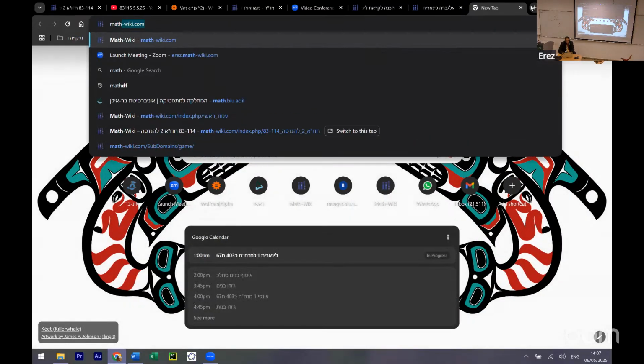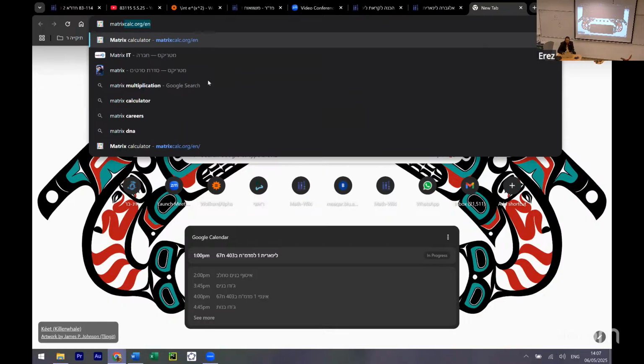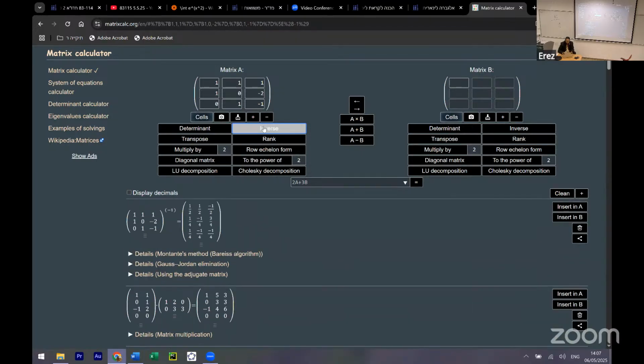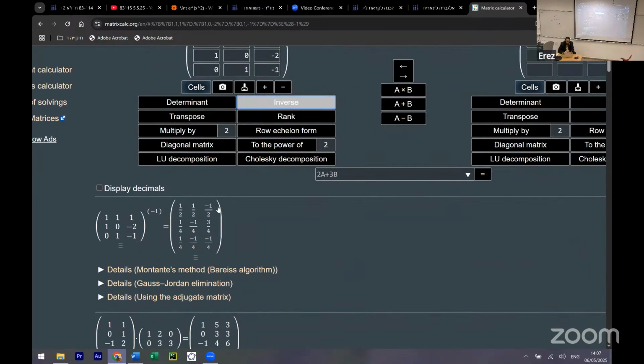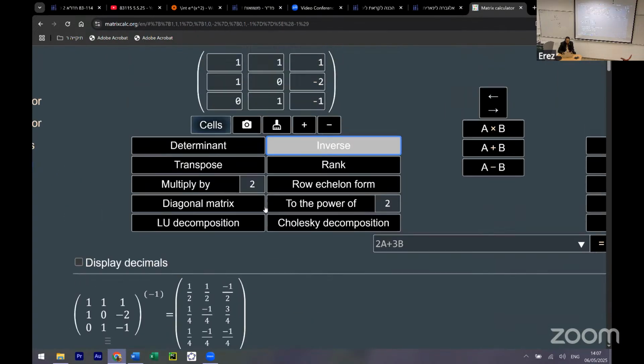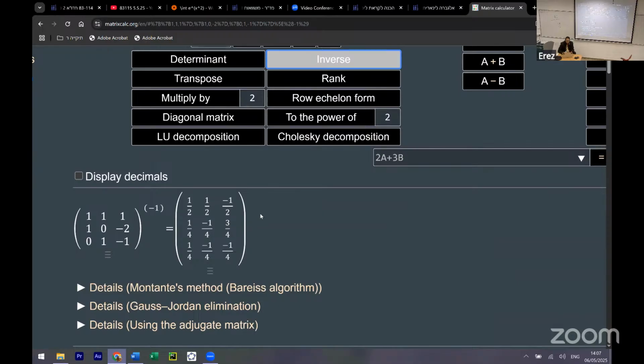So matrixcalc.org again. The matrix was 1, 1, 1, 1, 0, minus 2, 0, 1, minus 1. Inverse. Yay, it's invertible. Pretty horrible. I should have thought about it, but whatever.